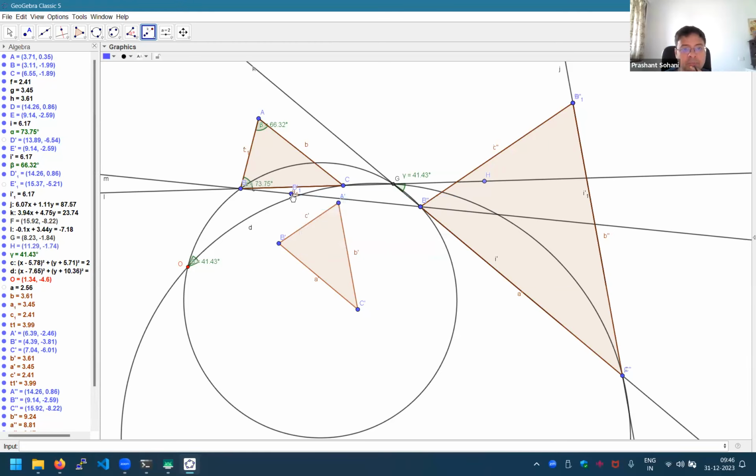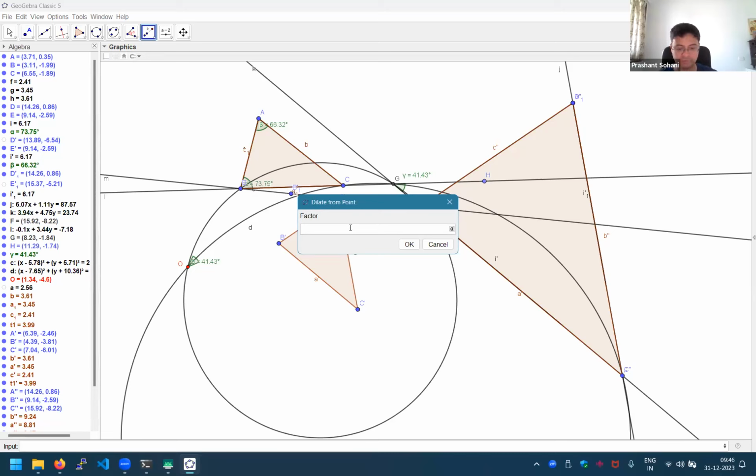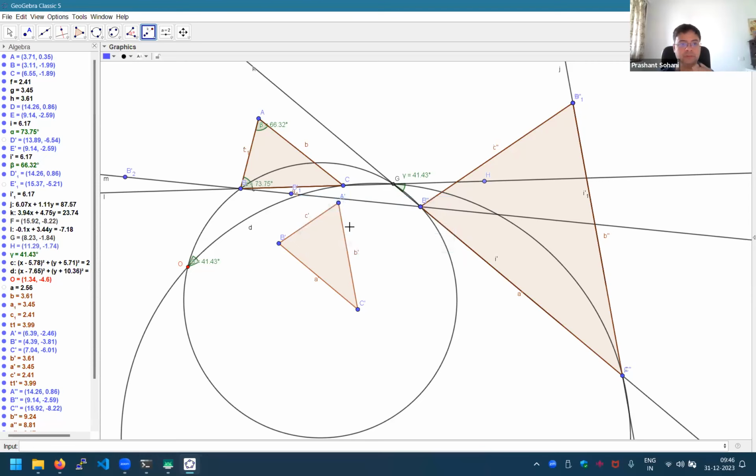Okay, so this B1 dash is one point of the diameter, and similarly, if I again dilate B around point B dash dash with the ratio A upon A minus 1. So B1 dash and B2 dash are the diametrically opposite points of my Apollonius circle. So if I just draw the circle with this as the diameter.